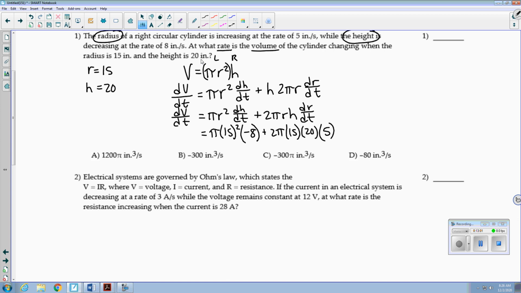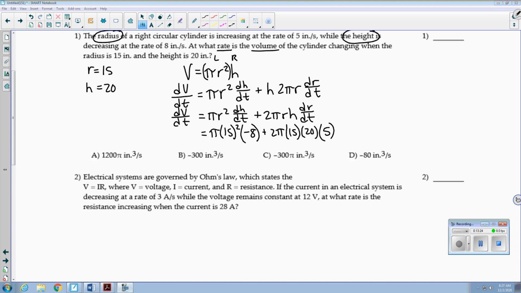When I carry out this multiplication, 15 squared is 225 times -8, so 225 times 2 is 450. So times 4 would get us to 900. So times 8 would get us to 1800.